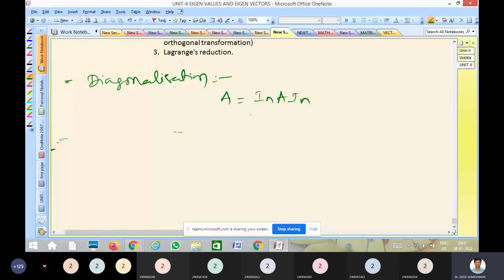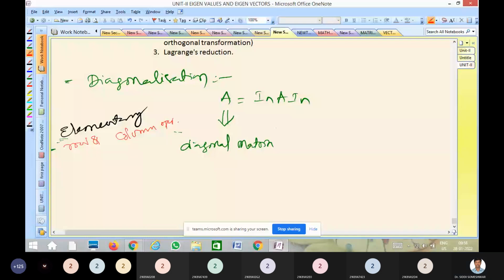So we are converting this matrix into a diagonal matrix. The corresponding row operations will be applied on the prefactor.